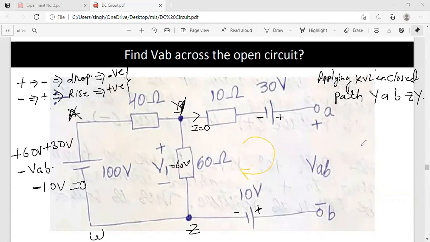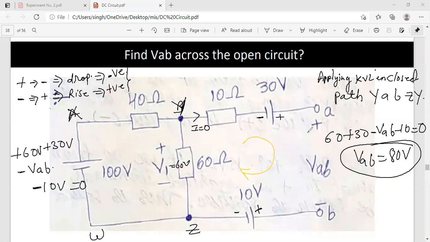Then you will write 60, this is 0, this is 30 plus, this is from plus to minus so minus VAB, this is from plus to minus so minus 10, equal to 0. So this is 90 minus 10, 80, and VAB on that side, so VAB equals 80 volt.